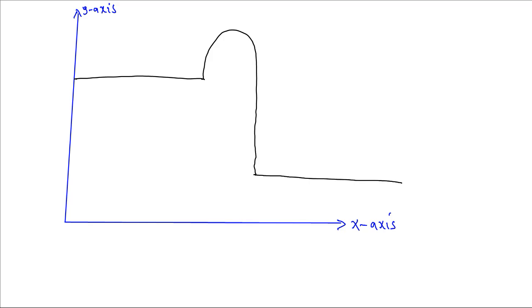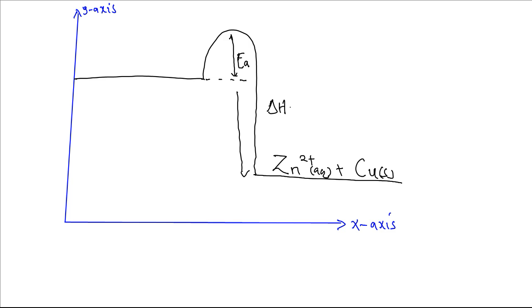So that is why we have the products, zinc ion plus copper solid. There is activation energy. We have delta H equal to negative 205.8 kilojoule per mole.